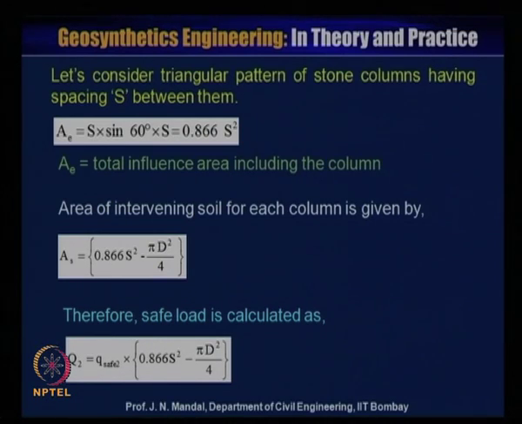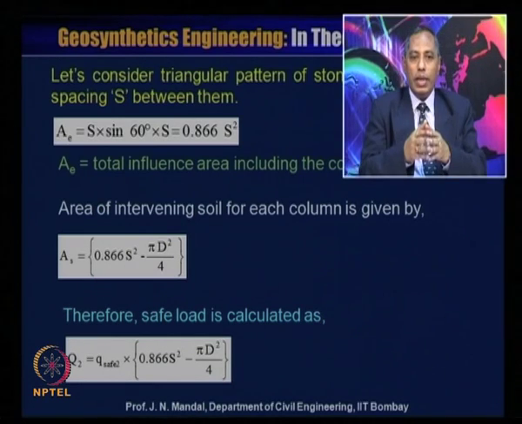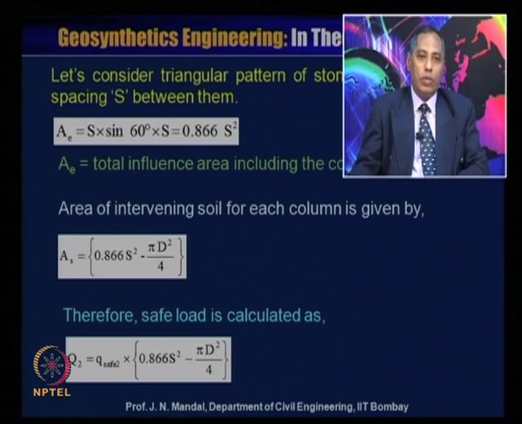The area of intervening soil for each column is given by AS equal to 0.866 S square minus pi d square by 4. Therefore, the safe load is calculated as Q2 is equal to Q safe into 0.866 S square minus pi by 4 into d square.